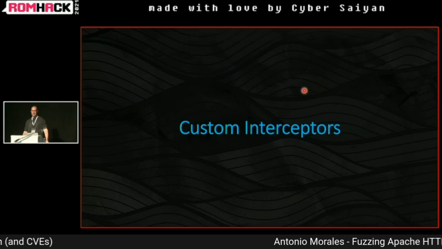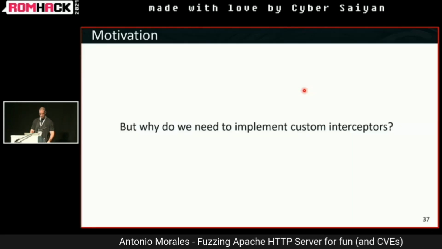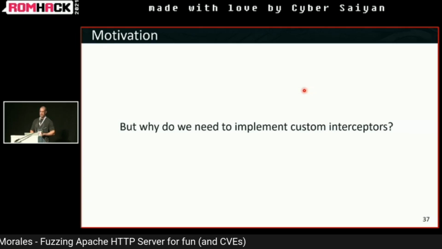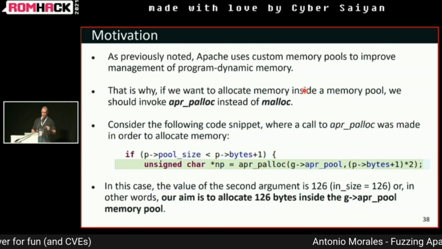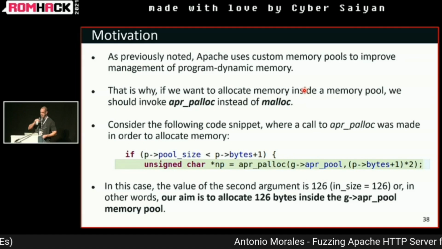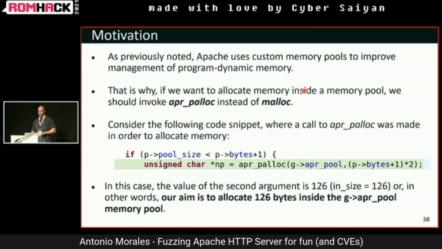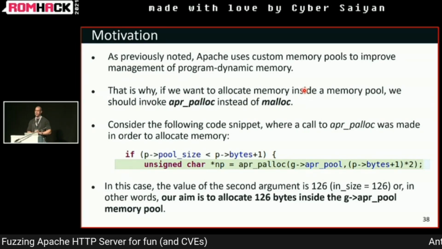Well, and now it's time for custom interceptors. But first of all, why do we need to implement custom interceptors? Well, things are going to be a little bit harder here, but don't worry. As I previously mentioned, Apache uses custom memory pools to improve dynamic memory management.